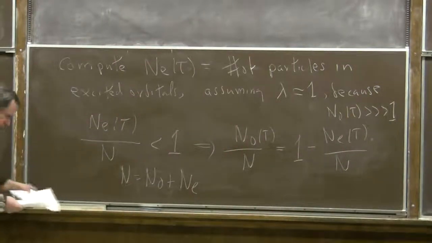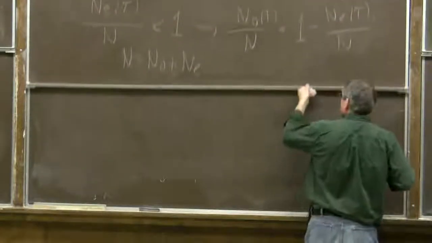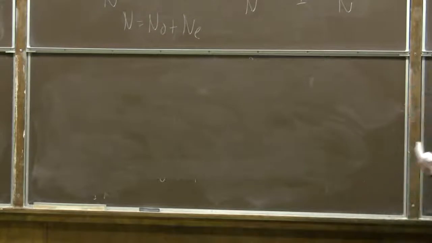Okay. So as usual, for the excited orbitals, we'll convert the sum over orbitals weighted by the distribution function to an integral over energy.